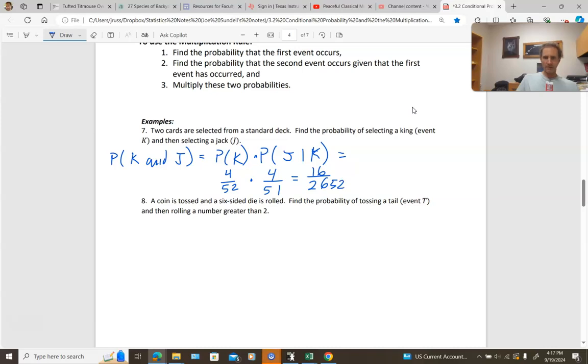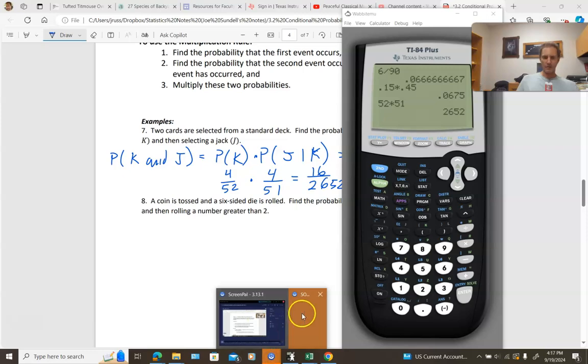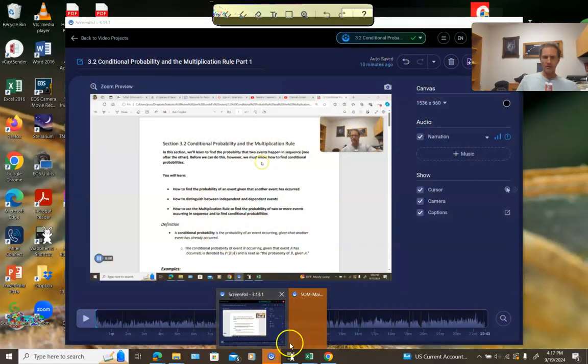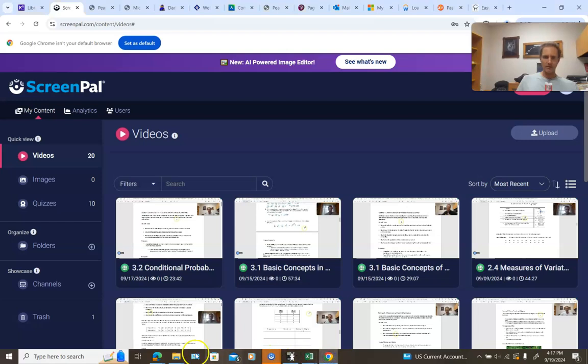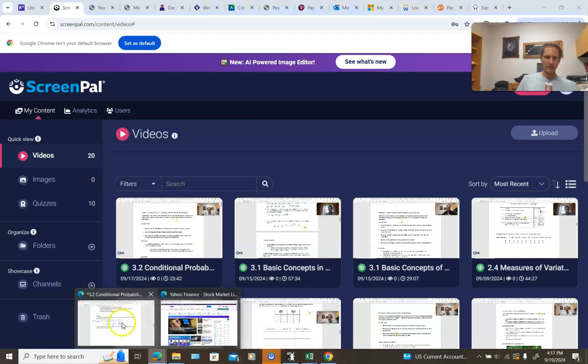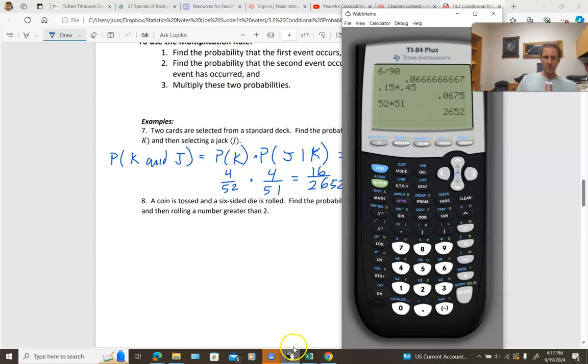And this is a fraction you could reduce if you want, guys. But I'm just going to put this in the calculator. I've already got the 2,652 in there, so I'm just going to say 16 divided by, and then if you go to second and the negative key right here, it'll reference this previous number.